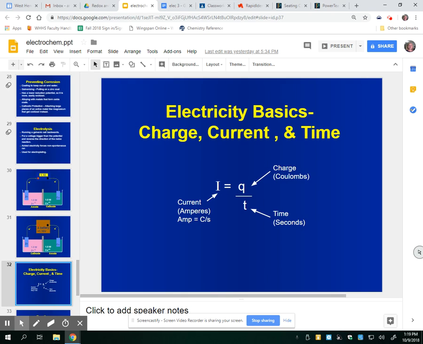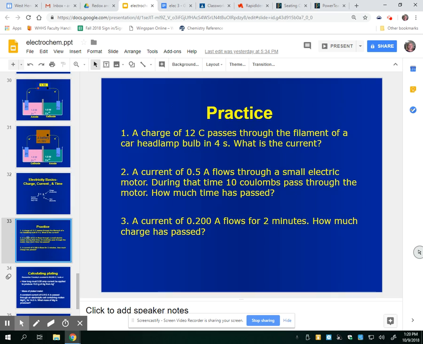Now, we'll layer in more difficult calculations in a minute, but let's just work with this current, charge, and time relationship. So I have a couple of practice problems, and you're going to be using that equation, I equals Q over t.